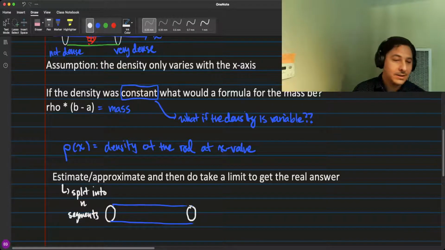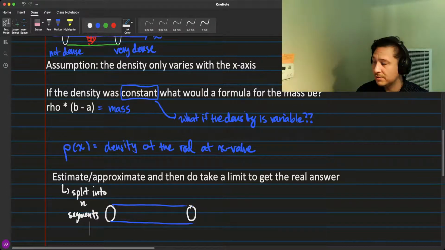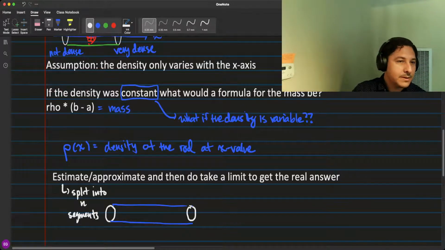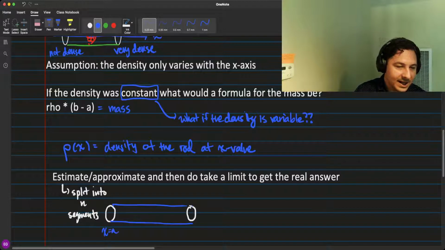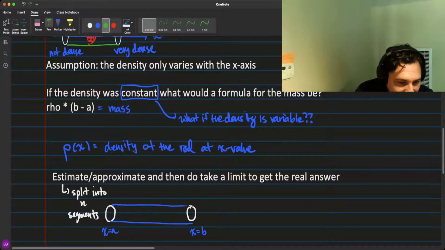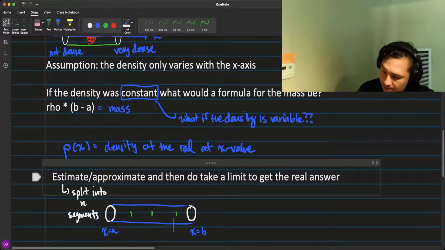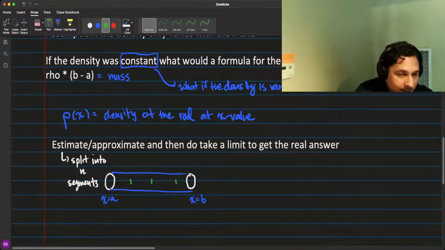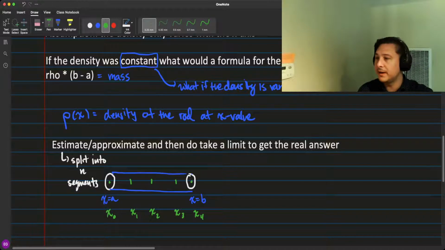So we'll draw the picture with n equals 4, but it's arbitrary. Here was x equals a, here was x equals b, and let's split it up into 4 pieces. So you have your x naught, which will be the point right here, and then x1, x2, x3, and the 4th point will give you right there.